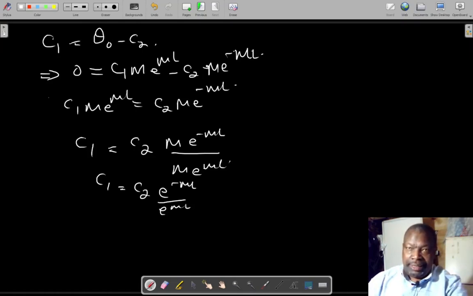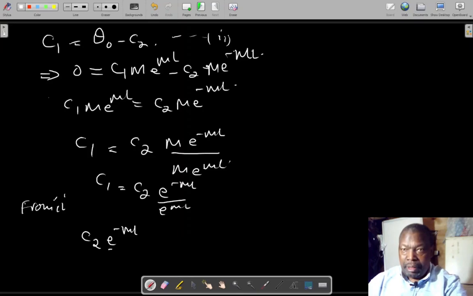Call that equation 2. From 2, C1, which is C2 e^(-mL) over e^(mL), is equal to theta naught minus C2.